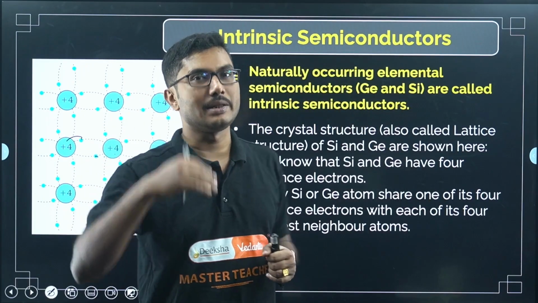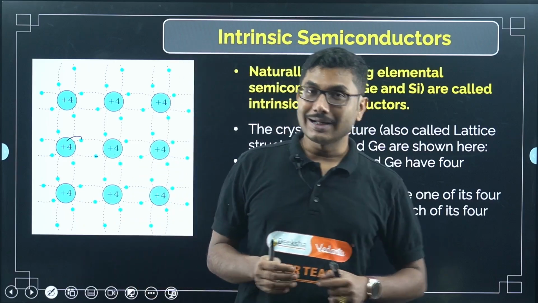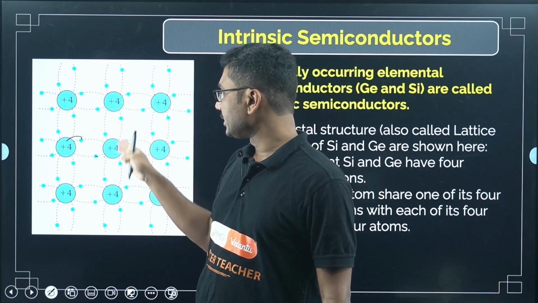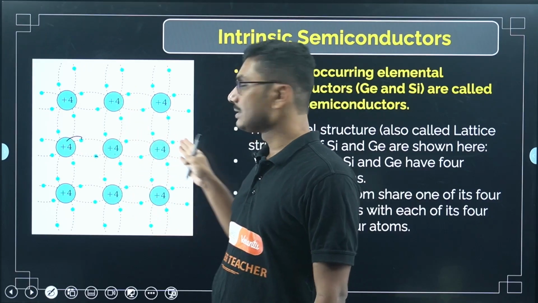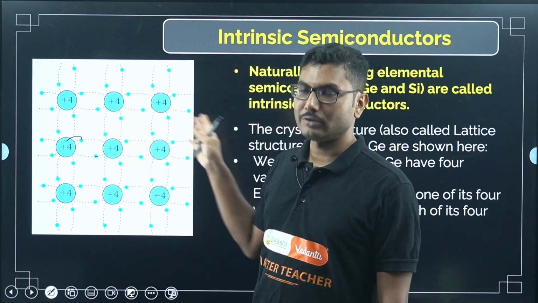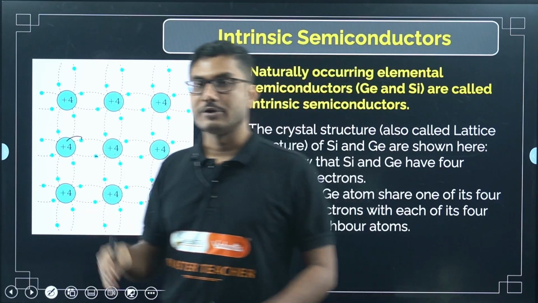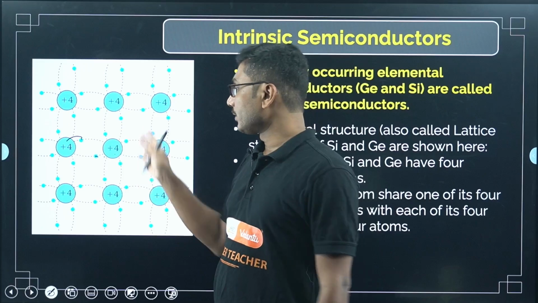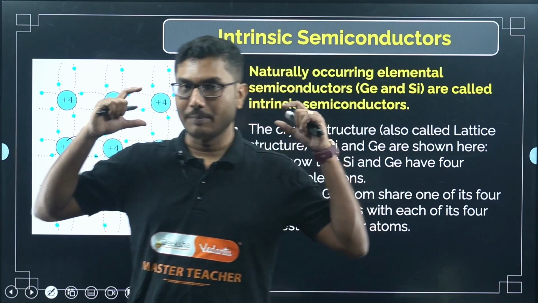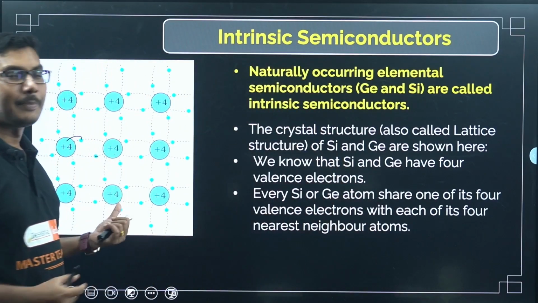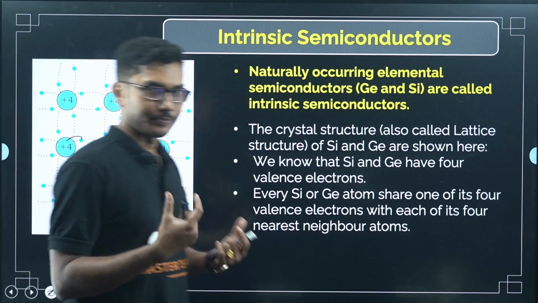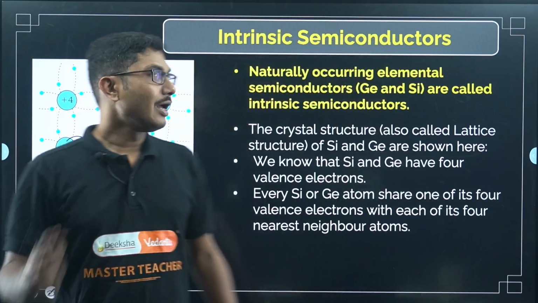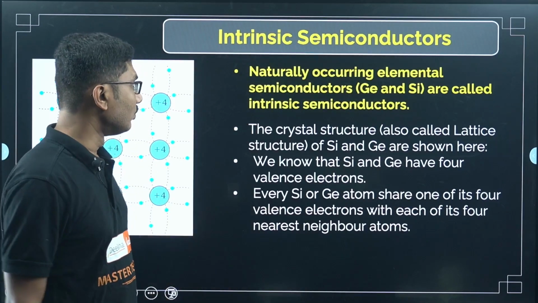Similarly, for silicon, this is the next classroom, this is the upper classroom, this is the bottom classroom, and this is the previous classroom. So right, left, top, bottom, they are the next neighbors. They share electrons with them and form a particular structure, and this structure is called a lattice. It is generally for elements.